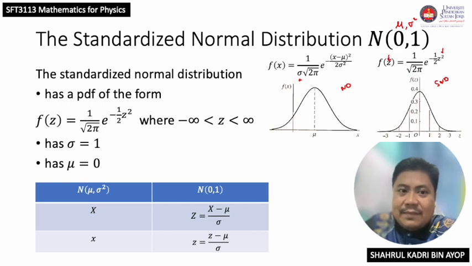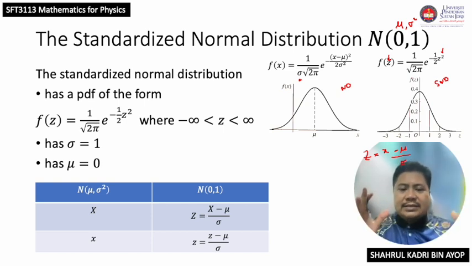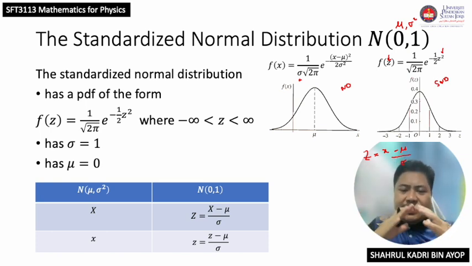That means we change something to transform from the normal distribution to the standardized normal distribution. So what is z? z is equal to the variable minus the mean, divided by the standard deviation. So we can transform any normal distribution, wherever its mean mu is, to the standardized normal distribution where mu is centered at 0.